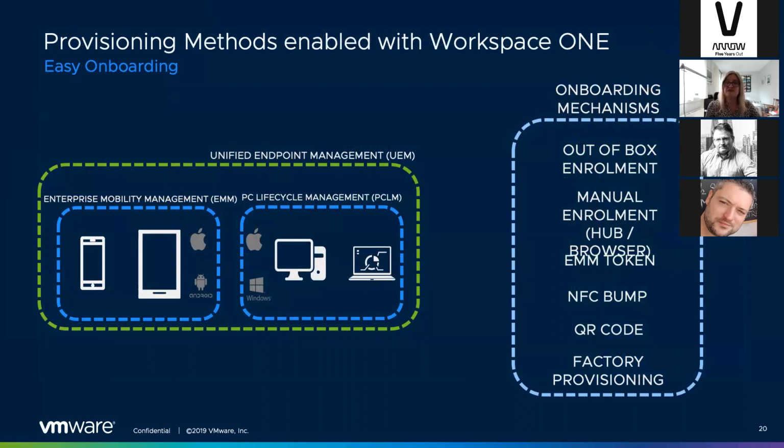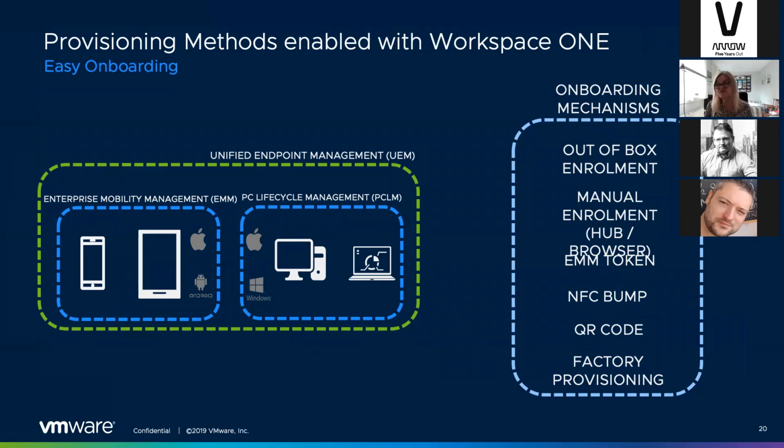Provisioning methods enabled with Workspace ONE. Well, we have the very, very easy onboarding of devices in Workspace ONE. You have the Unified Endpoint Management, obviously, and then you have the onboarding mechanisms, which could, for Windows devices, be out-of-the-box enrollment, or it could be manual enrollment or hub/browser enrollment, where you actually download the hub or enroll through the browser.